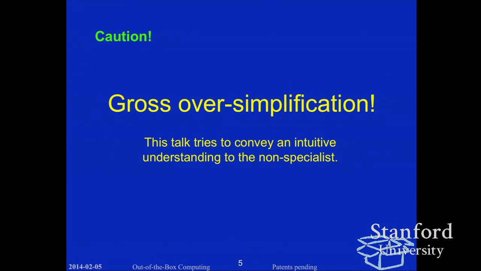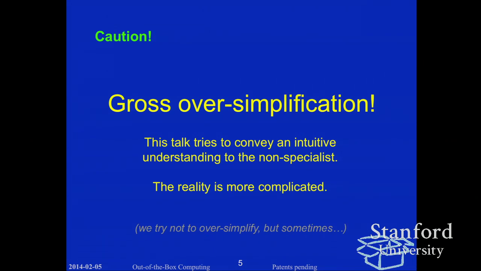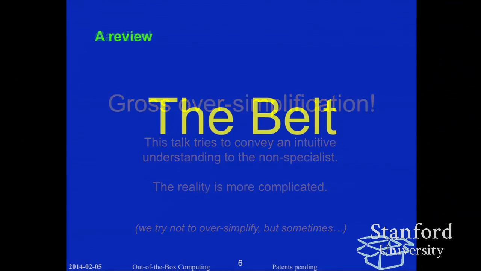You're assumed to have some idea what goes on in the CPU, but we're not going to get into great detail. I'm open to questions after the talk, and I can go into all the detail you'll ever want, but the talk itself doesn't do that. Reality is much more complicated than this talk will indicate. We try not to oversimplify, but sometimes.